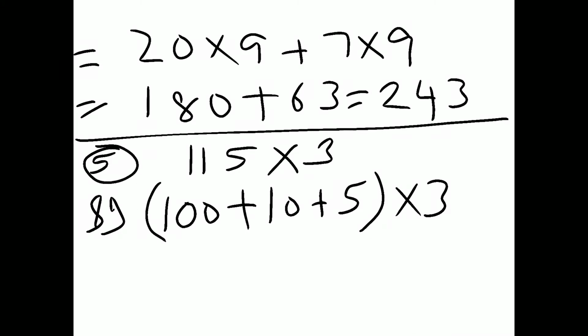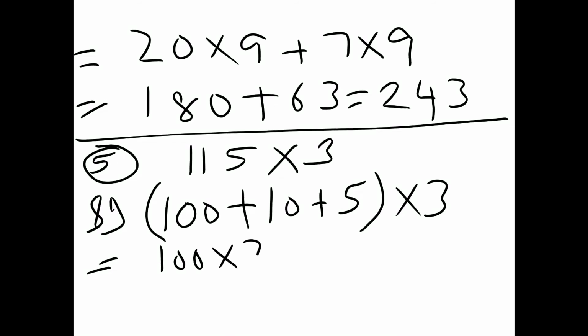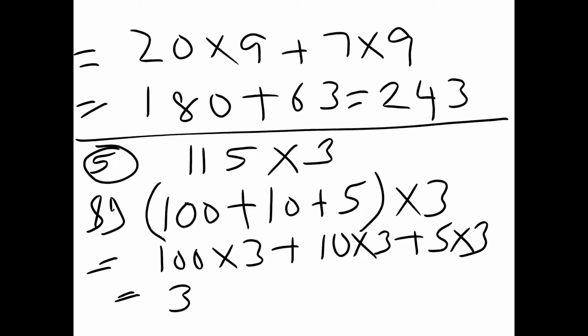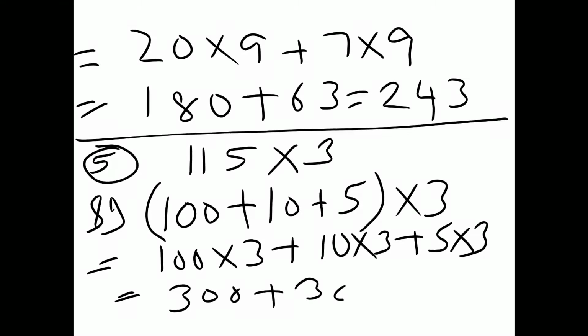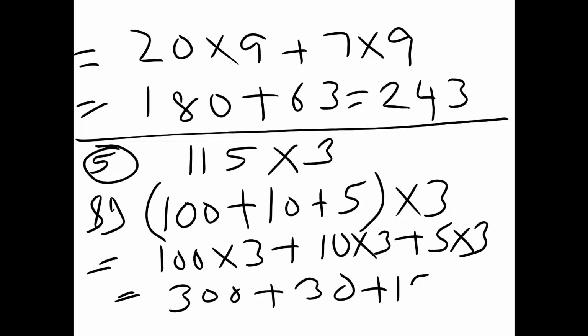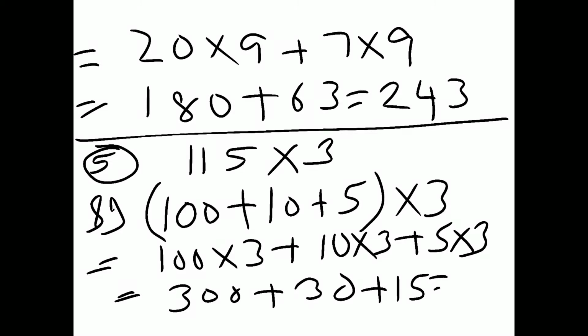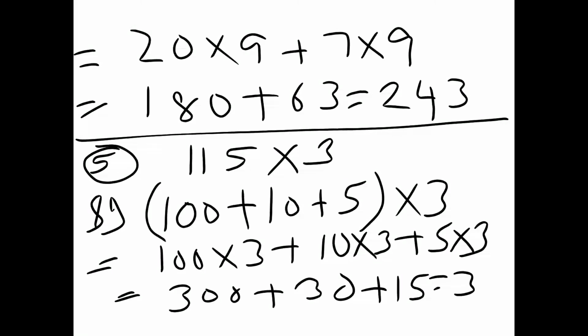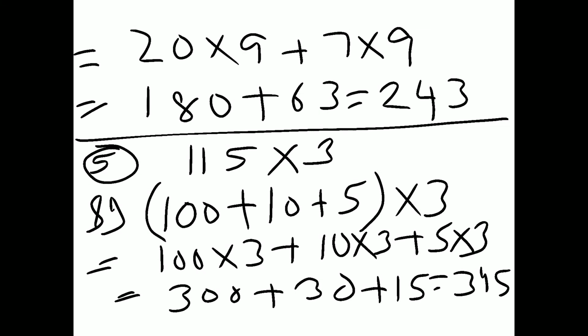Now you multiply every number with 3. 100 into 3 plus 10 into 3 plus 5 into 3. 100 3s are 300 plus 30 plus 15. Add all these numbers. Answer will be 345. Clear?